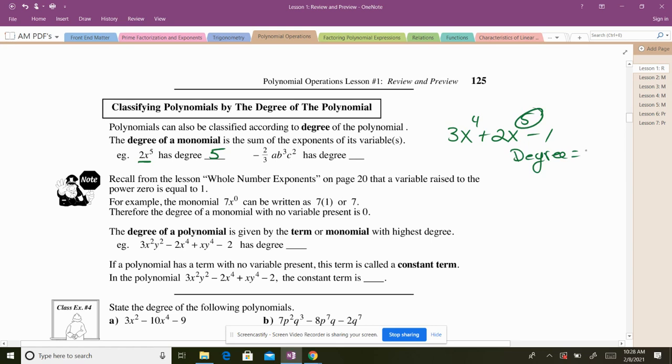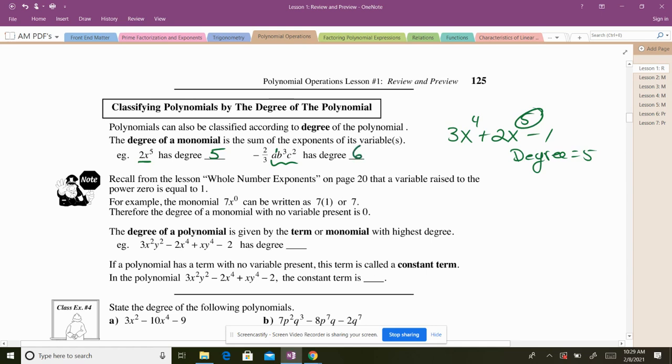Now, those are all one variable, x's. If you have multiple variables, like this, a b cubed c squared, you add the exponents together in that term. So what's the exponent on the a here? 1. So you go 1 plus 3 plus 2, which is 6.